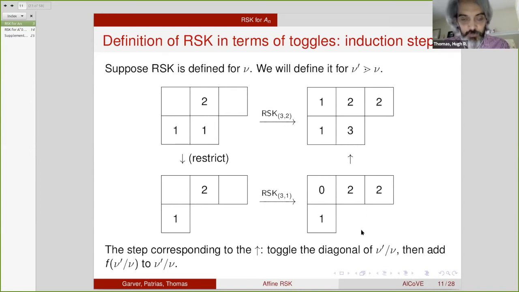So we toggle that whole diagonal, and as we saw before, that makes this box become part of the shape, in the sense that it goes from being something labeled infinity that we're ignoring to something with a numerical value in it. And so that would give it the value 2 when we do the toggle. But then we add the value that was in the filling. So in this case, we add 1 and we get 3. So that's the toggly way to calculate RSK.